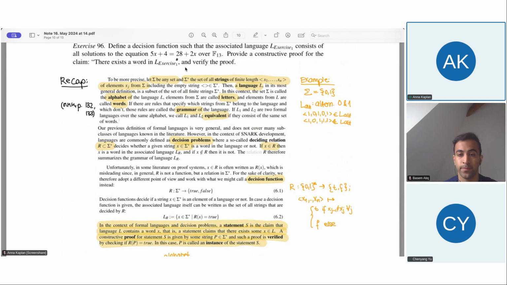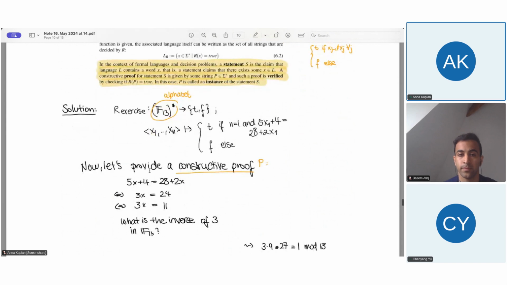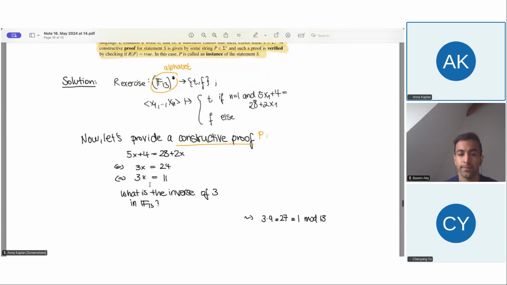To say there's a word in the language, we need to find a solution to this equation, some x, just a string of elements of F13. In our case, it's just n times 1, so there's only one element of F13. So let's solve the equation to provide a proof. We have the equation here. In F13 we can still do the inverse addition, right?